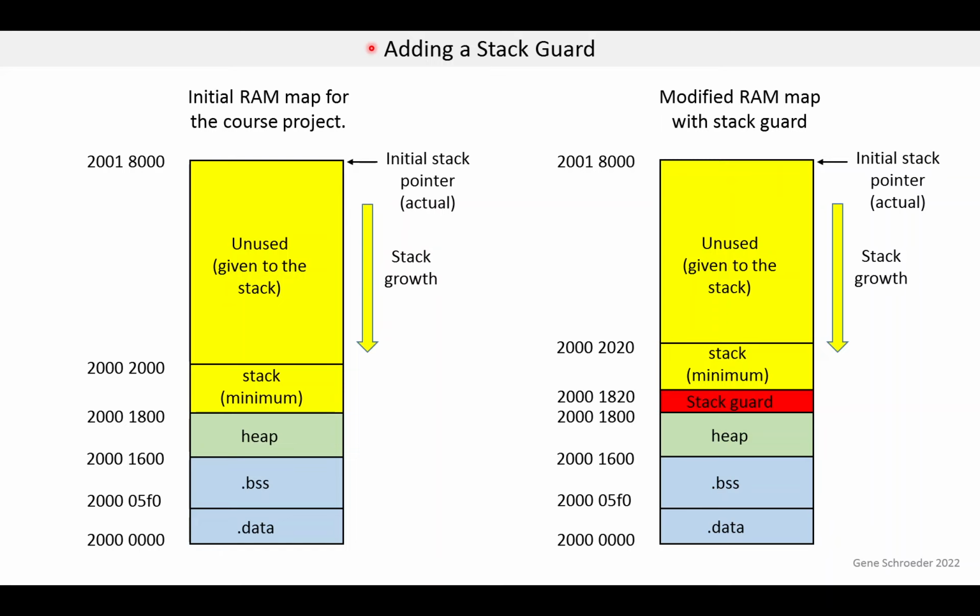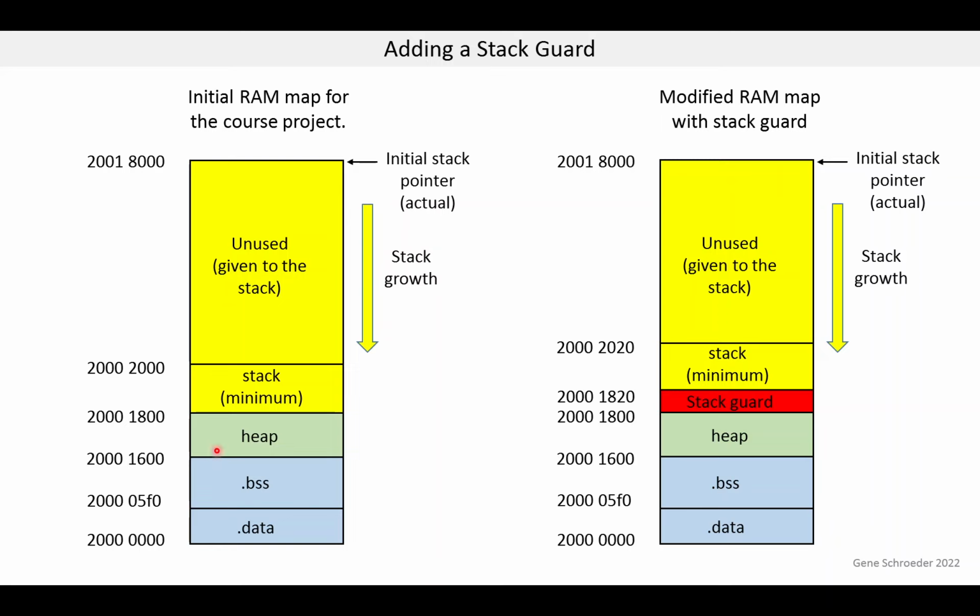So here are some diagrams showing how the stack guard region fits into the RAM memory map. On the left is the initial RAM map for the course project. This is based on the linker script that the IDE generated, and we'll be looking at that linker script shortly. So the linker knows how much memory is needed for the .data and the .bss sections, because that's just based on the number of global and static variables and their size.